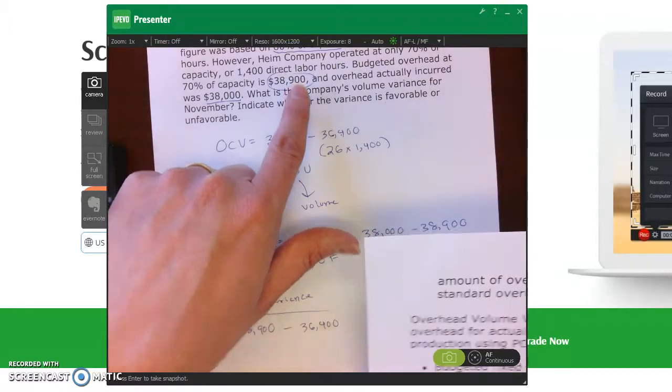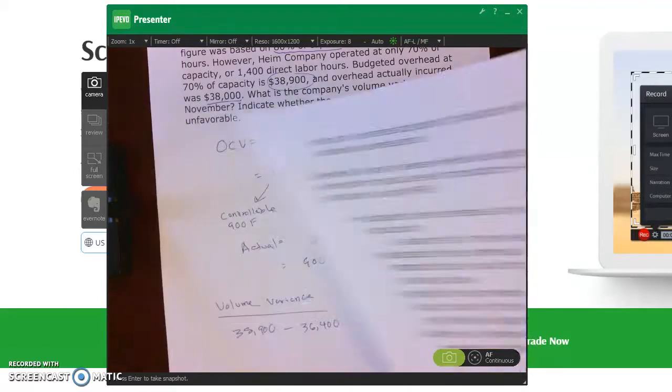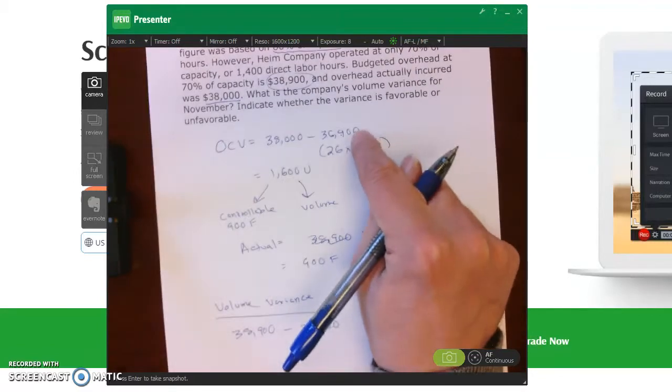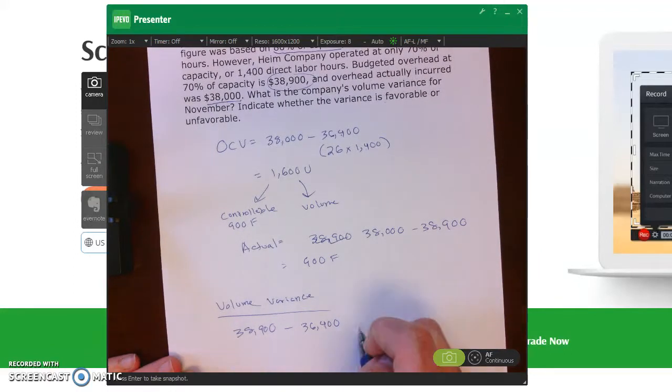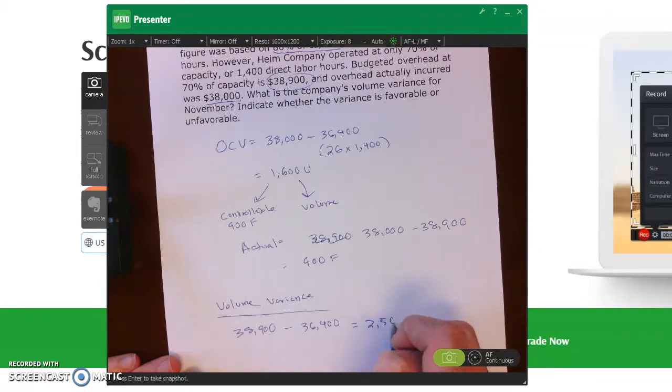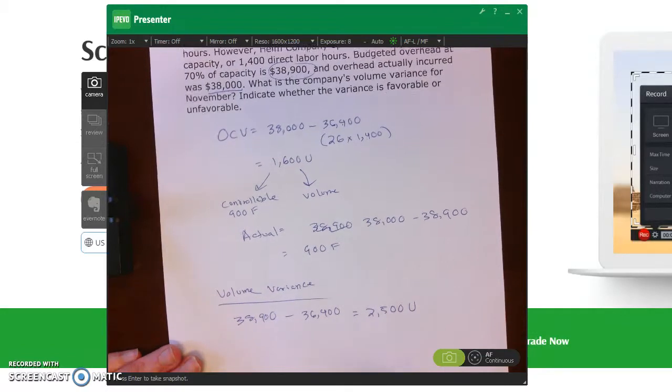And then for overhead applied, they had 1,400 hours at $26 an hour, 36,400. So now when you do the math, this gives you $2,500, and this is going to be unfavorable.